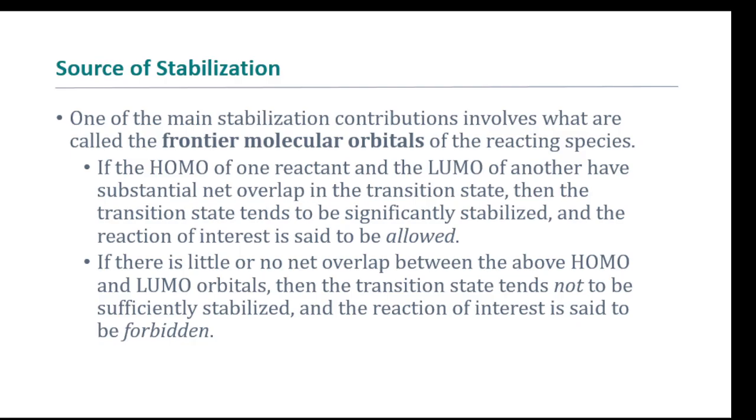All right, so if there's little or no overlap between the HOMO and LUMO orbitals, then the transition state tends to not be sufficiently stabilized. That means you'll have a very, very large activation energy, and we call this forbidden. But like forbidden things in society, does forbidden mean they don't happen at all?